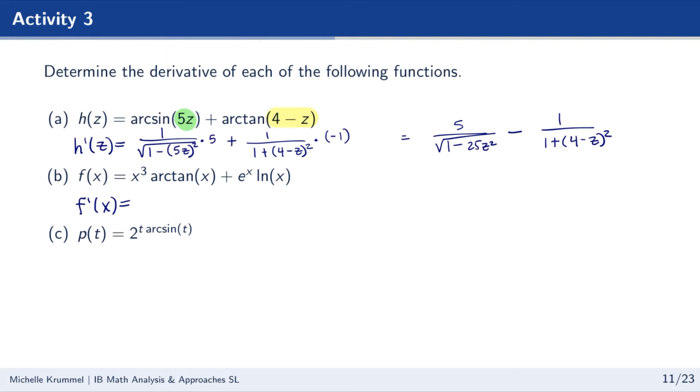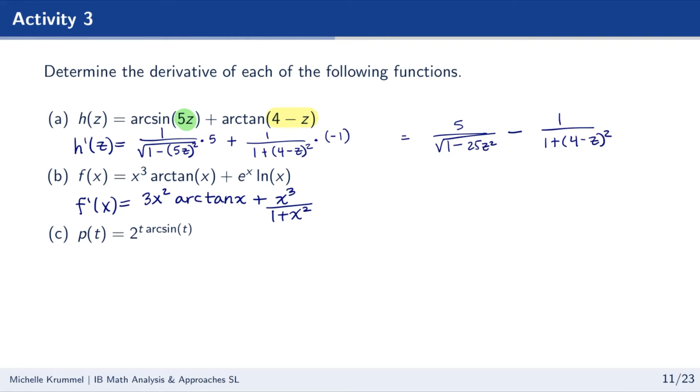And for product rule, we're doing derivative of the first factor times the second factor plus the first factor times the derivative of the second factor. And derivative of arctan is 1 over 1 plus x squared. Okay, so that's the derivative of the first term in f of x.